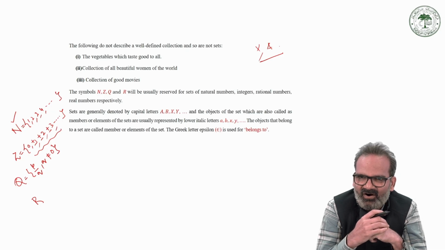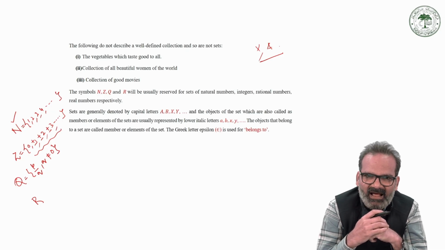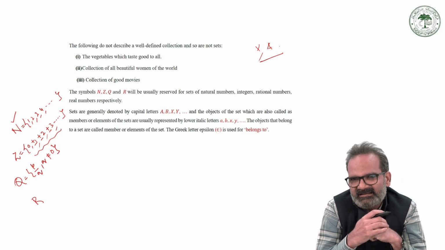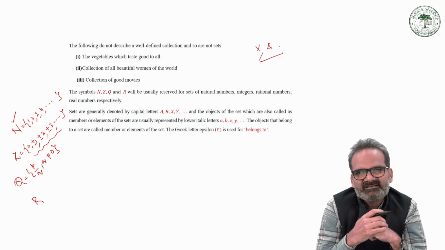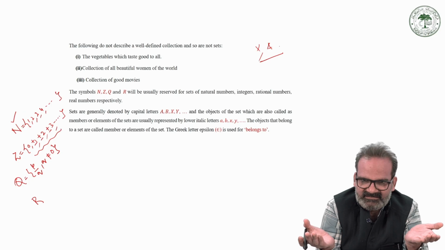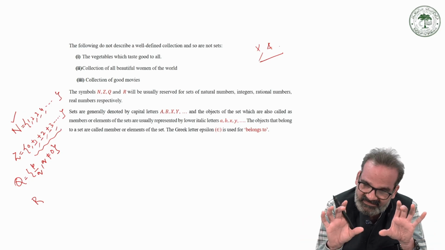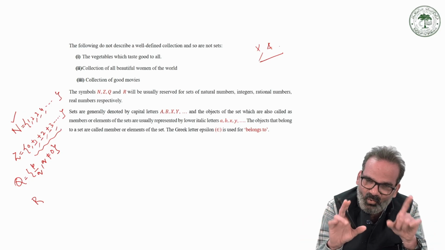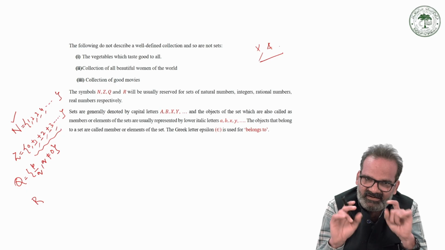And the objects of the set are also called members or elements of the set and are usually represented by small letters of the English alphabet or numbers or any other symbol, right? But the set itself is represented only by a capital English letter.